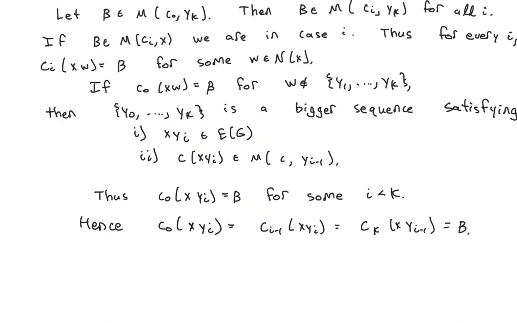So first off, let's look at a missing color in the original coloring with respect to our last vertex, Y_k. We note that this color has to be missing in all the previous colorings. Why?